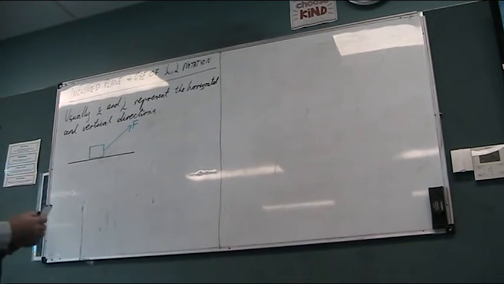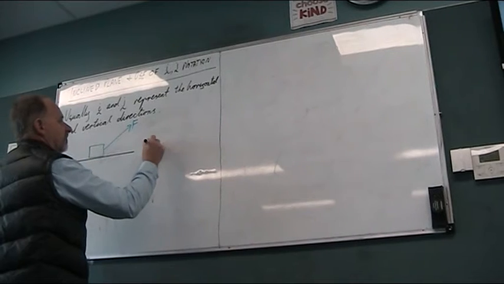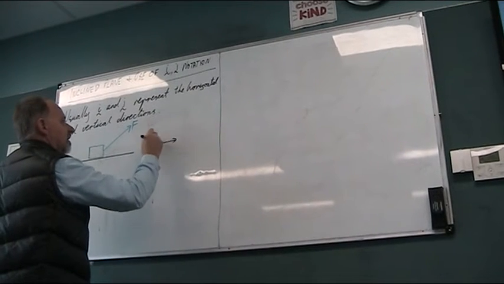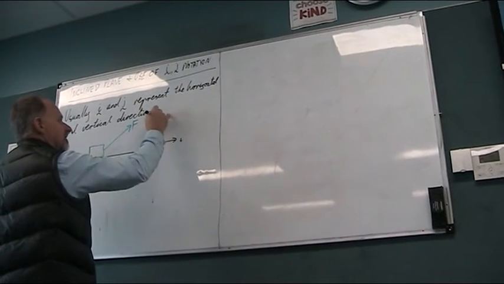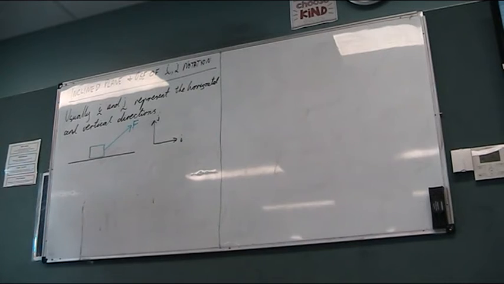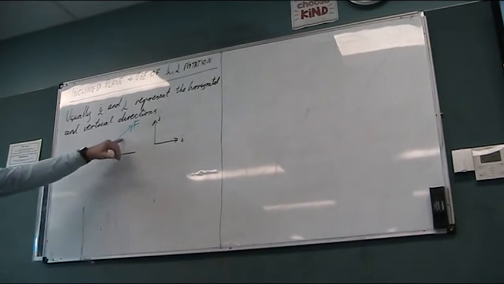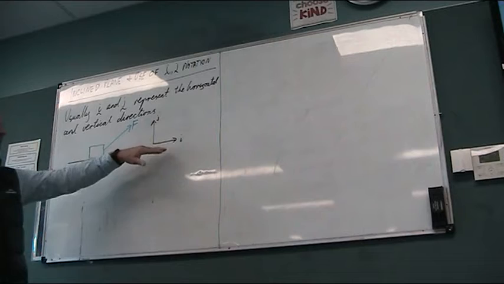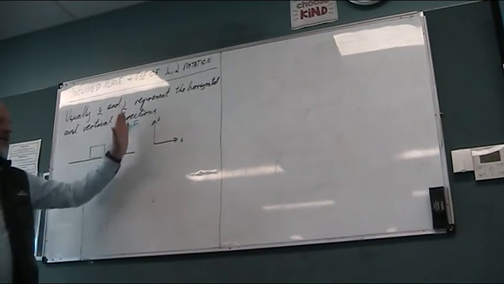Then it makes sense for us to use horizontal and vertical directions and call them in terms of I and J, and then this vector here would have an I component and a J component.